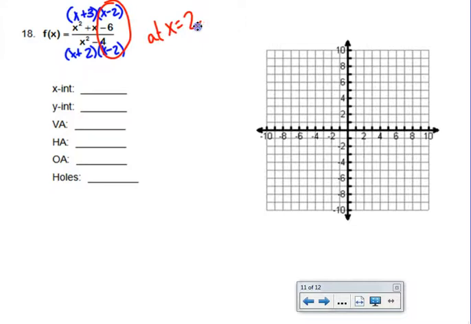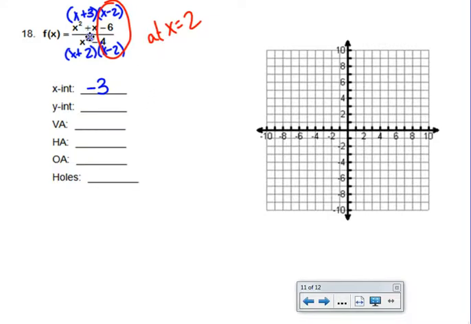Which means at the x value of 2 there's a hole, and we'll find out exactly the location of the hole in a second. But that's going to help me figure out who my vertical asymptotes are, or is. There's only one now. The x-intercept is only at -3 because of the removable discontinuity once again.